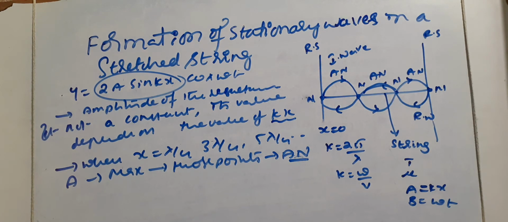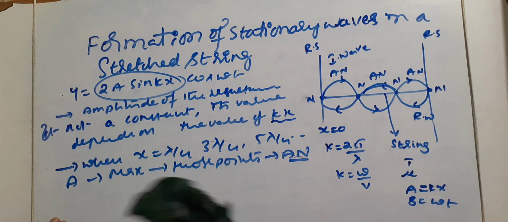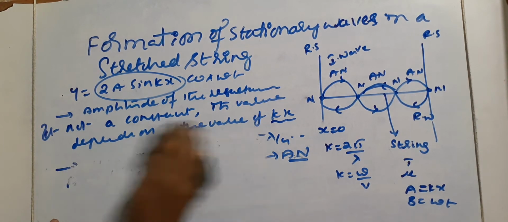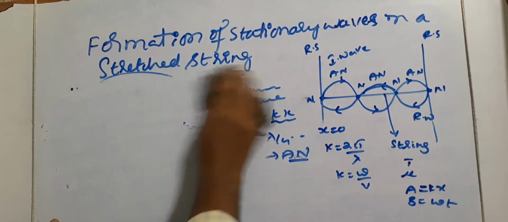So this explains the formation of stationary waves in a stretched string and the resultant displacement due to the resultant wave, and also its maximum amplitude position and minimum amplitude position conditions.